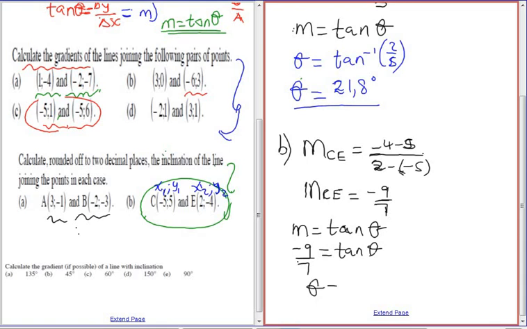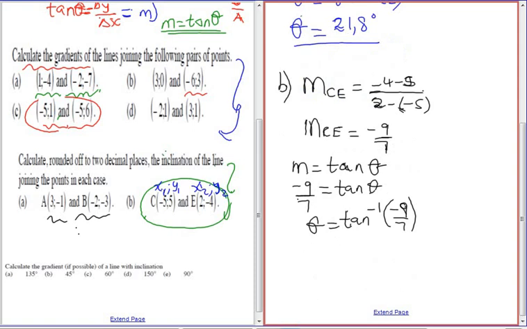So your theta is going to be arctan of -9/7. If you're following, use your calculator and you get -52.13.